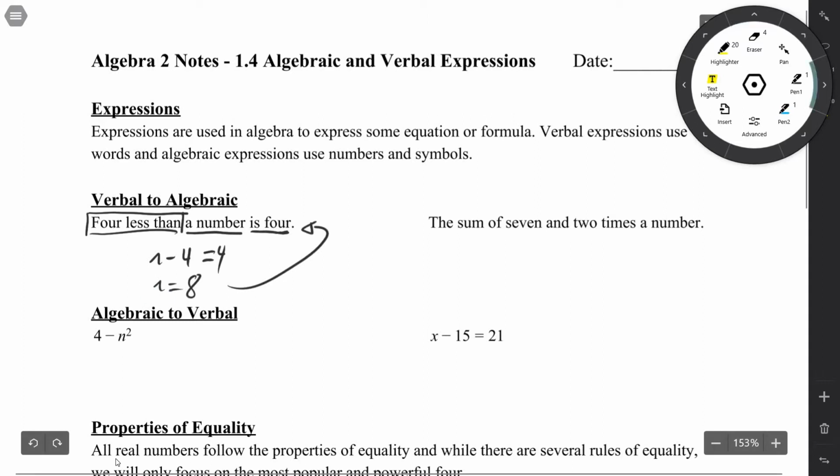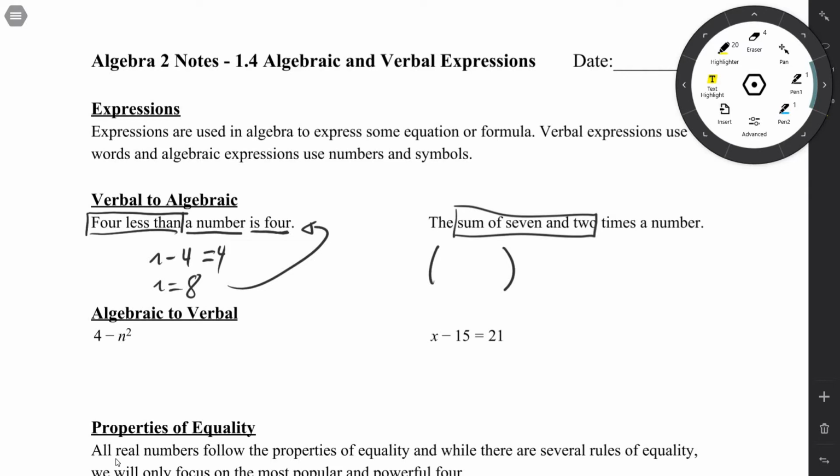Over to the next one: the sum of 7 and 2 times a number. This can be kind of confusing. When we're talking about the sum of something, we're automatically going to consider it something within brackets. So the sum of 7 and 2 would just be 7 plus 2, but again, in brackets, times a number, and we can use n.